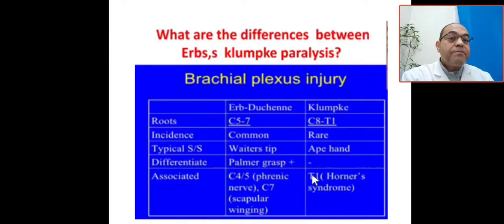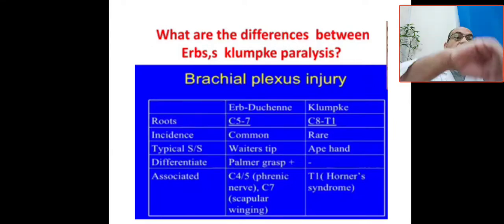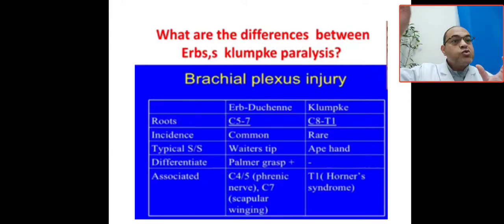The common association with Erb's palsy will be scapular winging, because it affects C7. Sometimes Erb's palsy will be C5 and C6. If it affects C4 downward, it will lead to phrenic nerve injury with paradoxical movement, and can be mistaken for pneumonia. The baby is tachypneic, but there is a phrenic nerve lesion, especially if there is a history of difficult labor, shoulder dystocia or birth injury and paradoxical movement.